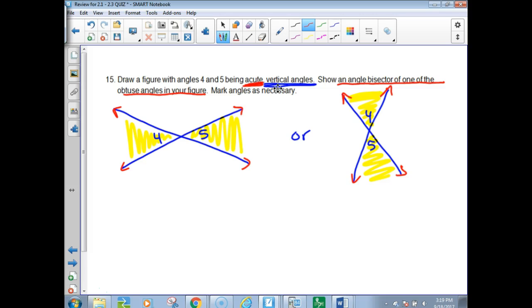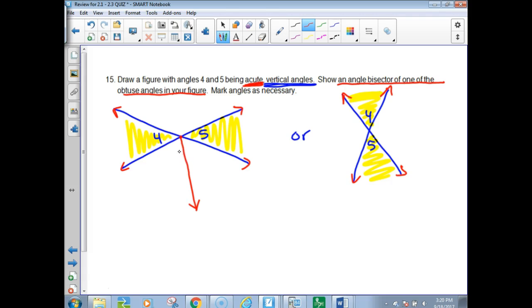I want to angle bisect it. What should I do to my picture? Draw a line where? From here, down or up? It doesn't matter, right? Okay, so if I go down, now what do I have to show to know what it meant?